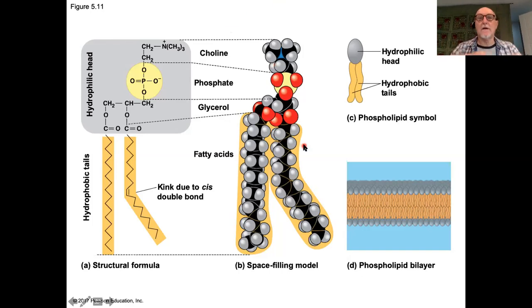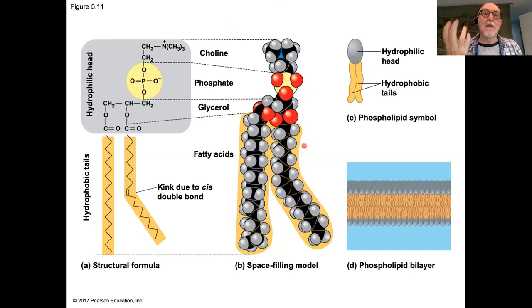So let's do some thought experiments, okay? I'm going to take a phospholipid, it's liquid, and I'm going to drop it into water. What do you think happens if I just drop it onto the surface of water? Remember, the hydrophilic heads want to dissolve, the tails want to get away from water.